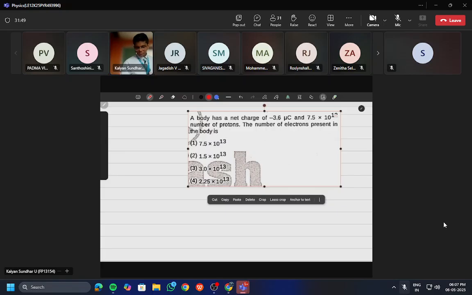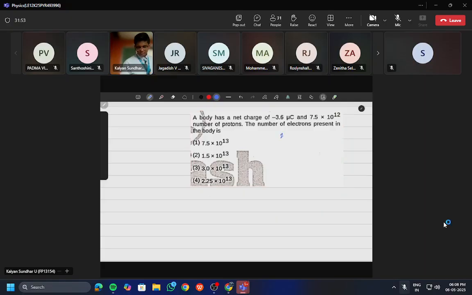So your Q total will be equal to the charge of the electron plus the charge of the proton, right? So from here I can write it as minus Ne, n of electron times e, plus n of proton times e, and this is the total charge. The total charge is already given in terms of mu c, minus 3.6 mu c. And from here we have to find it out.